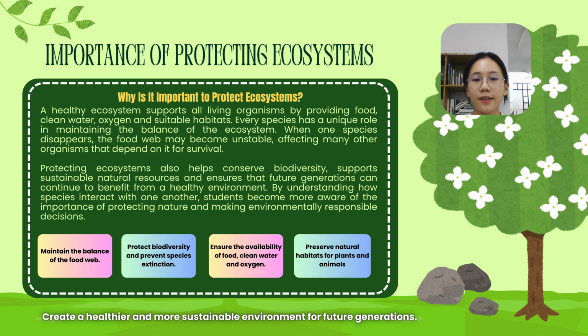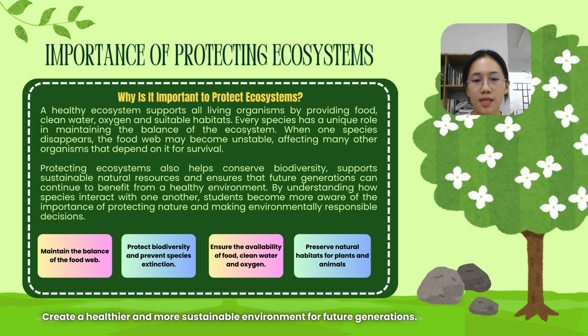After completing these activities, it's very important for the students to understand why protecting the ecosystem is essential. A healthy ecosystem will support all living organisms by providing food, clean water, oxygen, shelter, and suitable habitats. So every species, regardless of its size, has a unique role in maintaining the ecosystem balance.